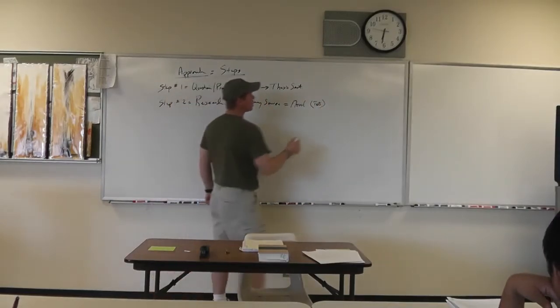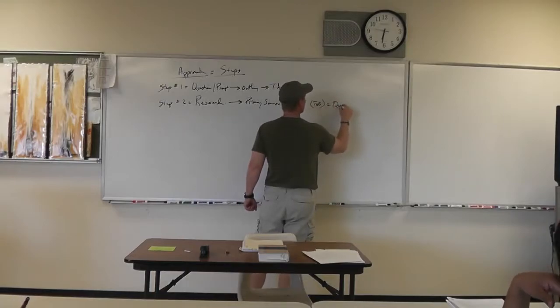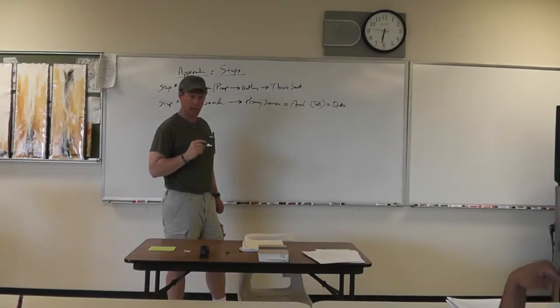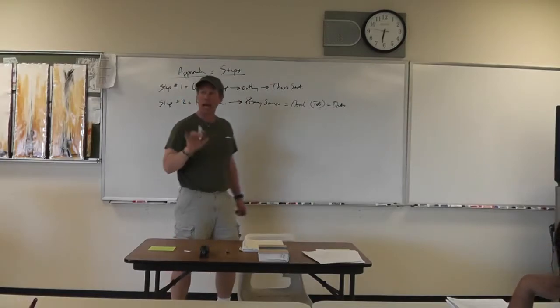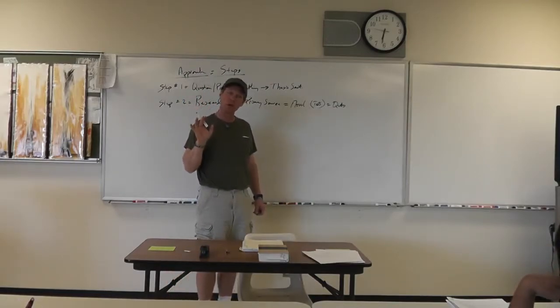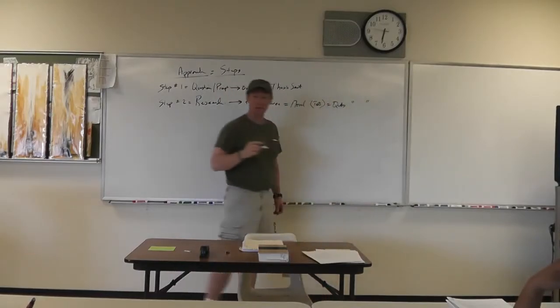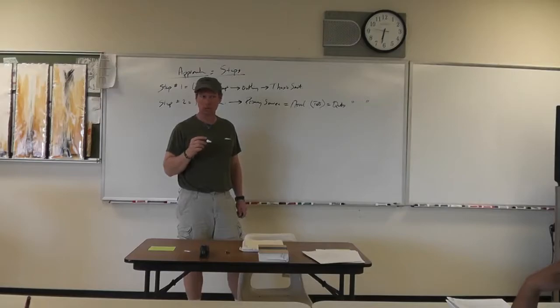In other words, you've got to find actual quotes from the text, right? Actual quotes from the text. How will I know in your paper that you are quoting? There will be what around the words? Quotation marks. Okay, right?